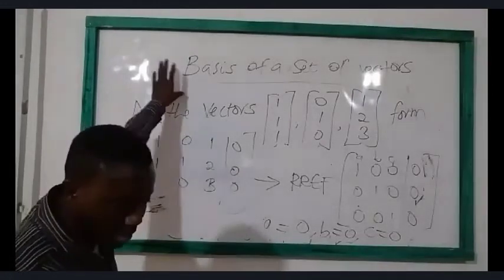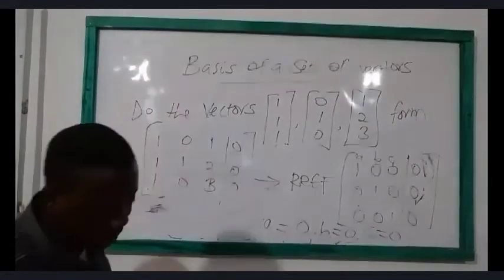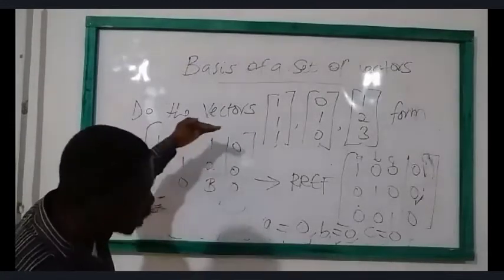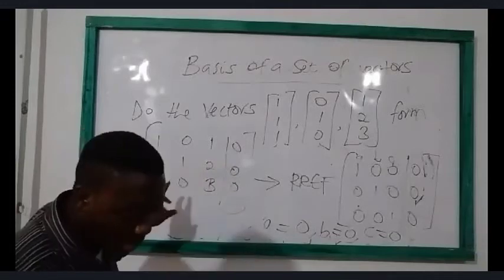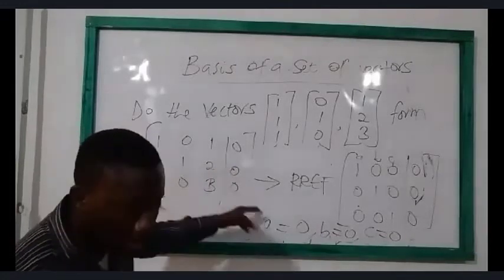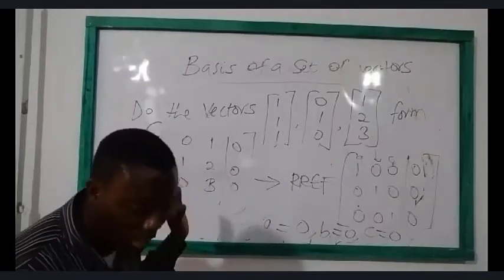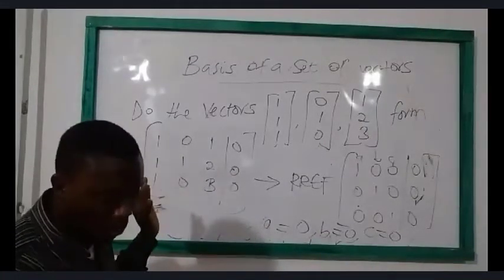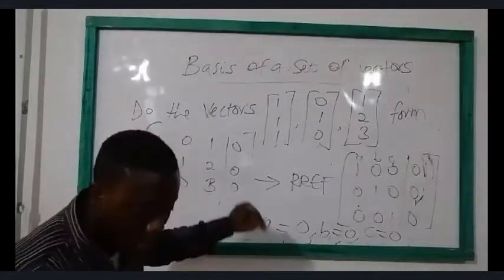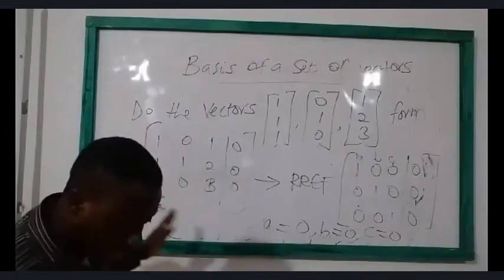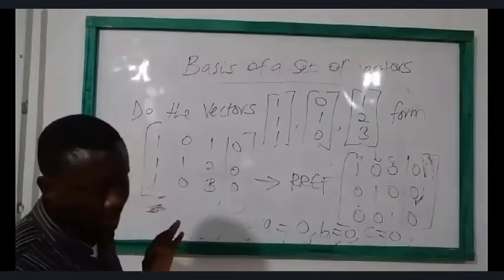So the spanning condition has already been satisfied from the beginning. In the process of linear independence, that is writing your scalar multiplication of the set of vectors and equating it to 0, the left-hand side alone satisfies the spanning. So you don't need to prove any condition for spanning again.